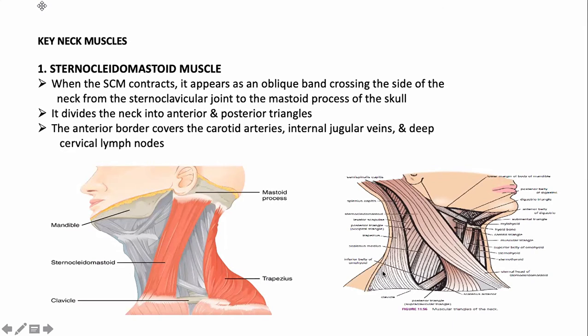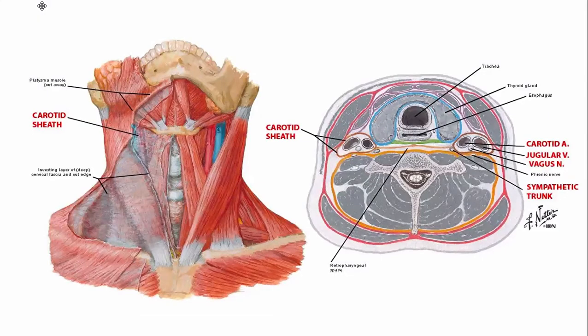The anterior border of the sternocleidomastoid muscle covers the carotid arteries, the internal jugular vein, and the deep cervical lymph nodes. This is the sternocleidomastoid muscle with the investing layer of deep cervical fascia.